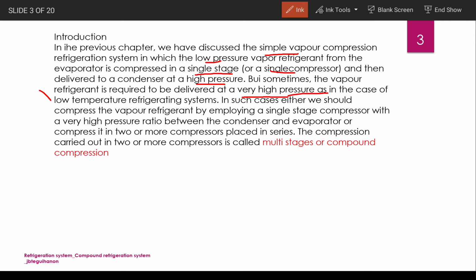In such cases, either we compress the vapor refrigerant with a single stage compressor with a very high pressure ratio between the condenser and evaporator, or compress it with two or more compressors placed in series. The compression carried out in two or more compressors is called multi-stage or compound compression. That is what we are going to discuss in this video.